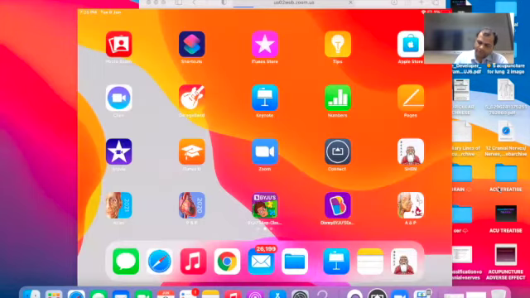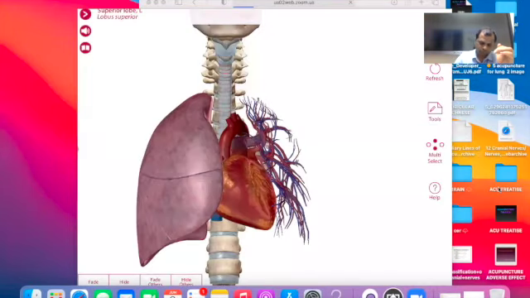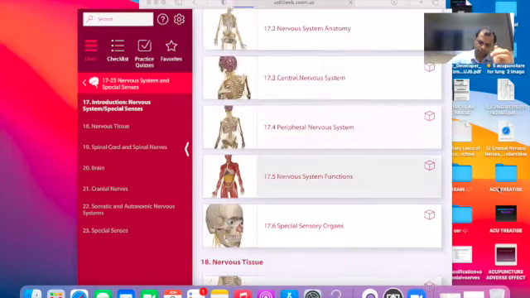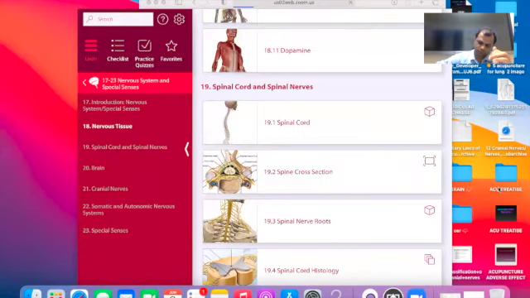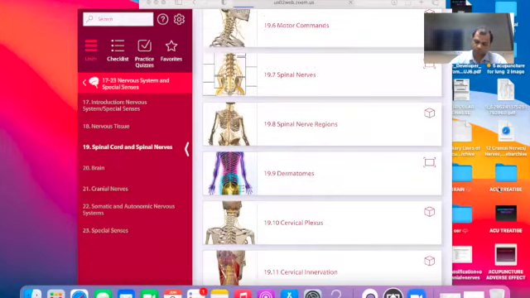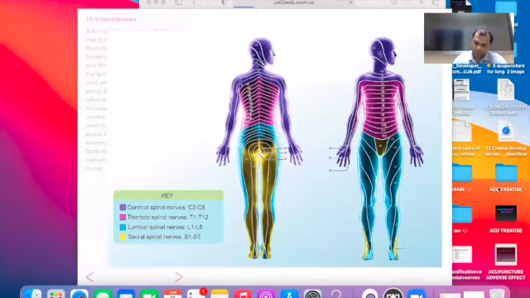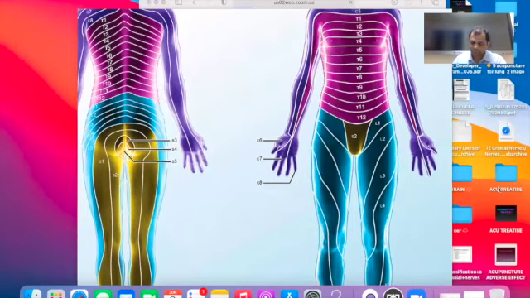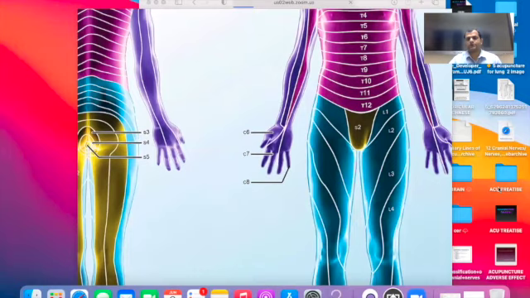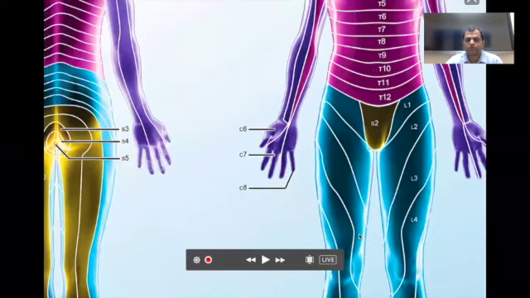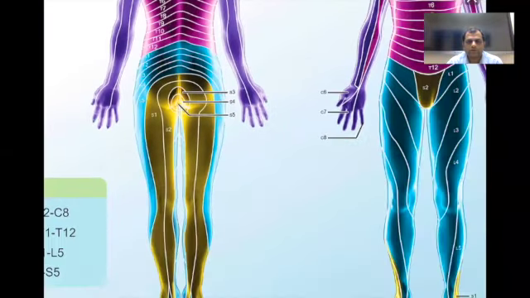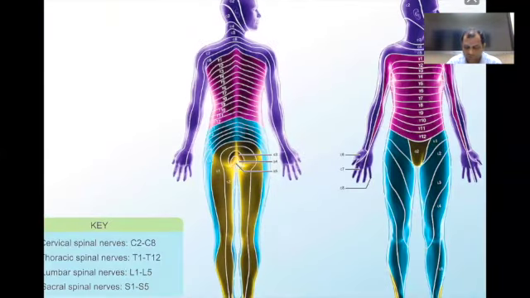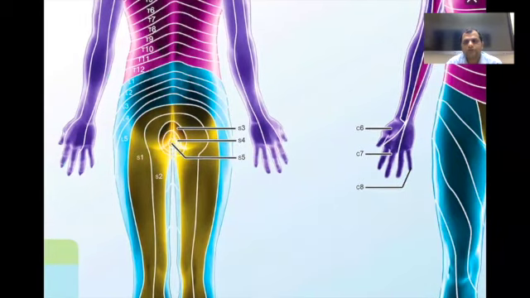So look at the image here. The ring finger has supply from cervical 8. You can see here, the ring finger is supplied by cervical 8. Now, where is the cervical 8 vertebra in the spine?